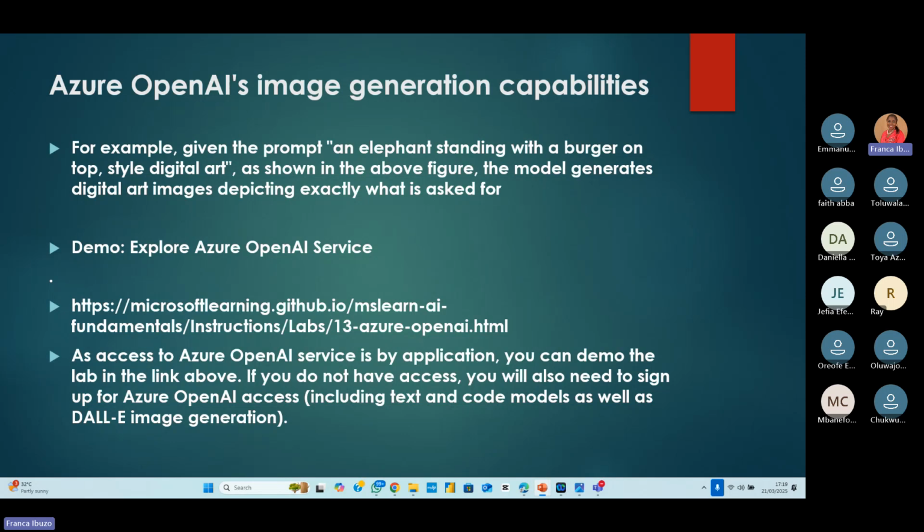And you saw the variations too. So, access to Azure OpenAI services is by application. You can try the demo lab at the link above.